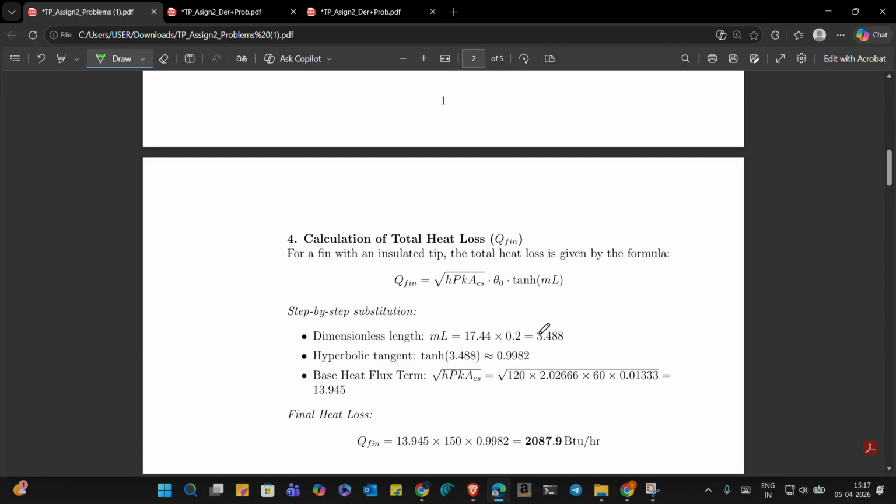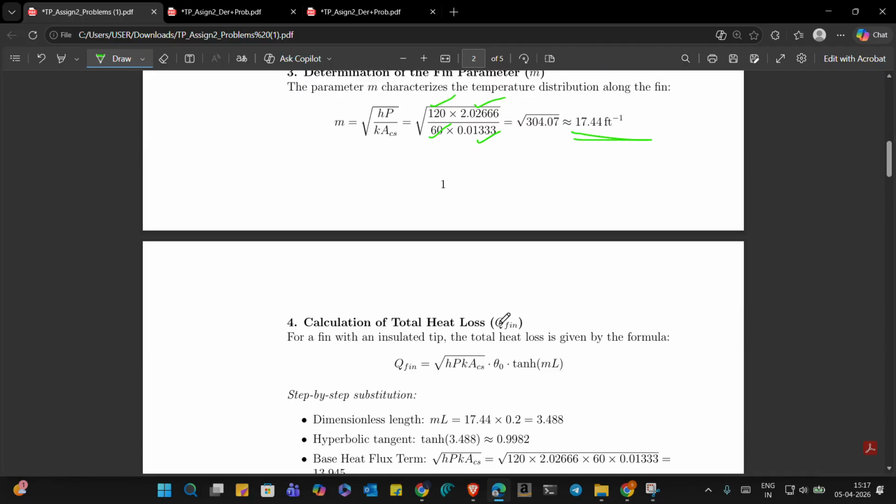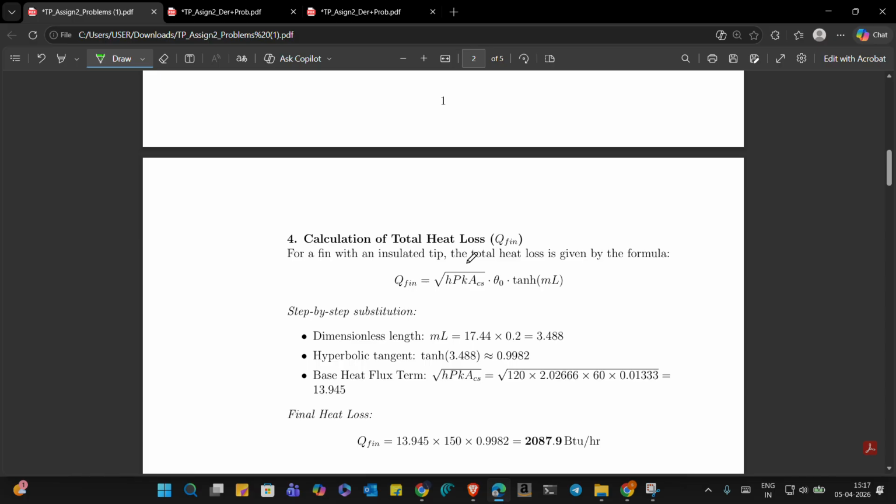So we are going to simply put those values in the equations that we have derived earlier. This is the equation we are going to talk about. Our problem is concerned with the insulated tip. The derivation we did earlier was for the long infinite rectangular fin.